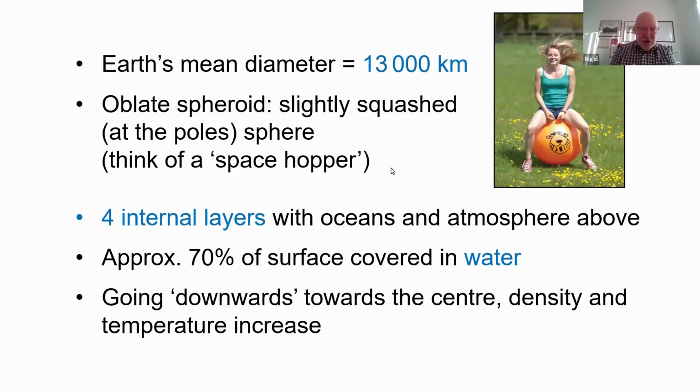So we've got the four internal layers. So let's not worry too much about those. We've got oceans covering probably, now it depends on who you read, 70%, maybe 80% of the surface. We're not going to deal with that and debate it. There's a lot of water. Interestingly, where does it come from? That's something to look at again a little bit later.